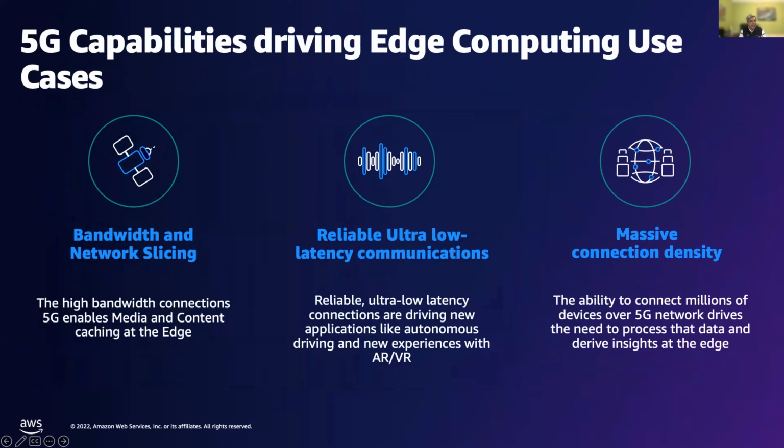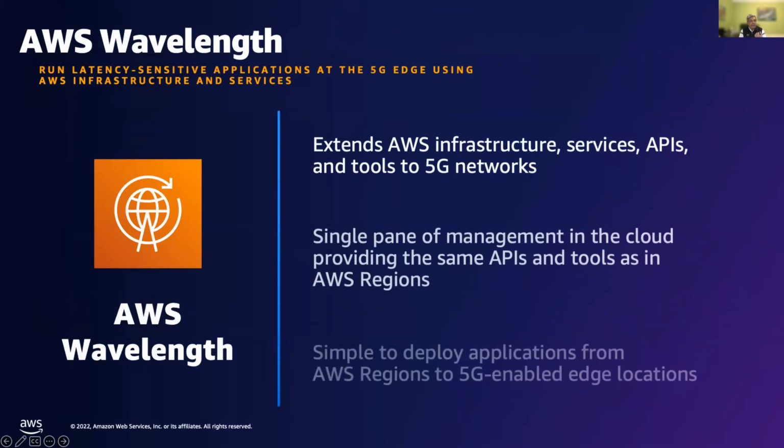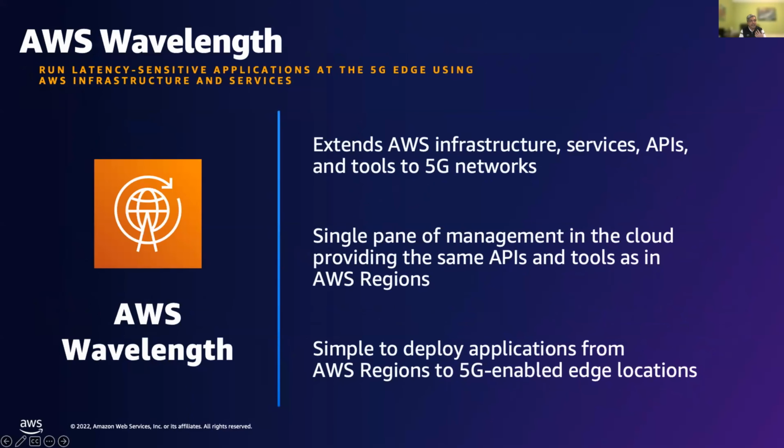So you really get that massive connection density, ultra low latency communication, and the bandwidth, and you want to be able to leverage that. And just to highlight that, you have a single pane of management in the cloud, providing the same APIs and tools, and you're leveraging the underlying 5G network to deploy applications from regions to the 5G enabled edge locations.